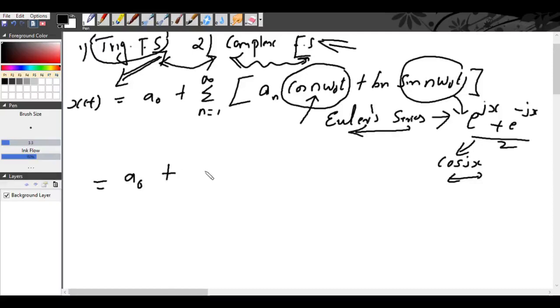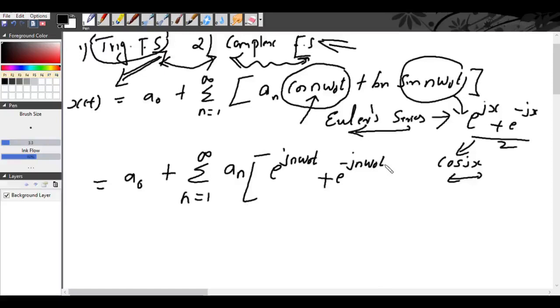A naught plus the summation of n equal to 1 to infinity. So an, how will you write this? e power jn omega naught t plus e power minus jn omega naught t, by 2.